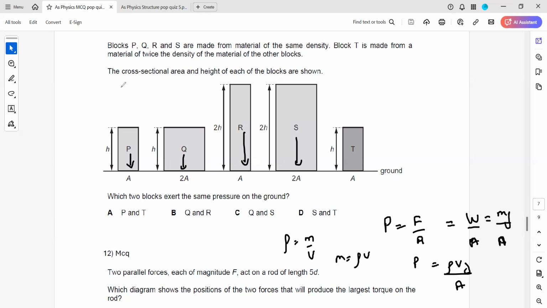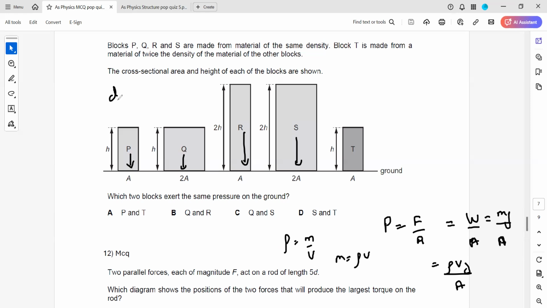Now we will check for each block, let's check for P. The pressure exerted by P is equal to density times volume times gravity divided by area. The density is, for example, D, or you can also use rho. What about the volume?